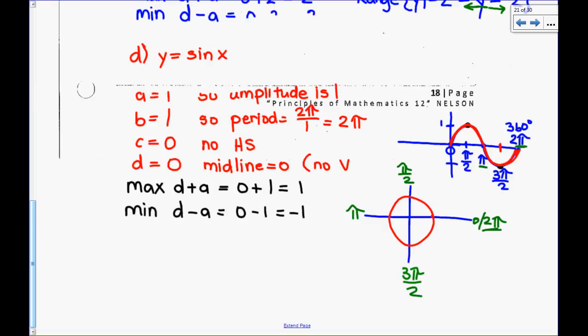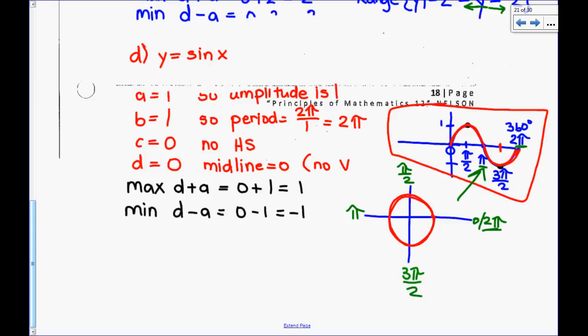So this is just the graphical demonstration of what's actually happening on this circle when you start at 0 and you go full circle around. One full rotation is the same thing as one period on the graph.